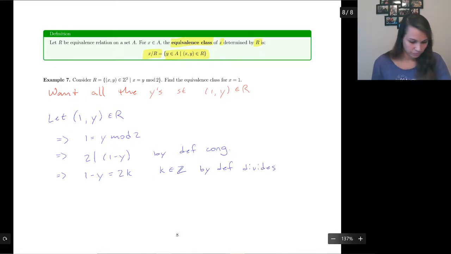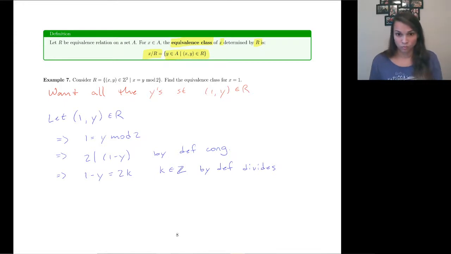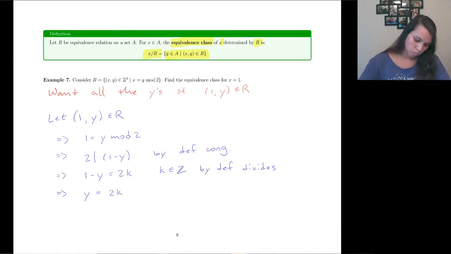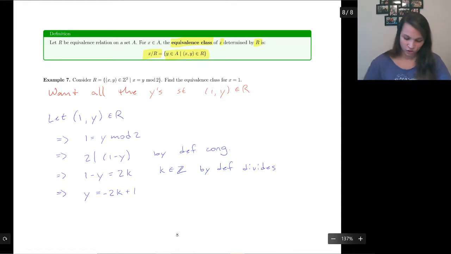There we go. And then we're trying to figure out what y's are going to work. So now we're going to solve for y. So 2k. And I'm going to rearrange that a little bit so it matches our definition of odd. Negative k is indeed an integer.